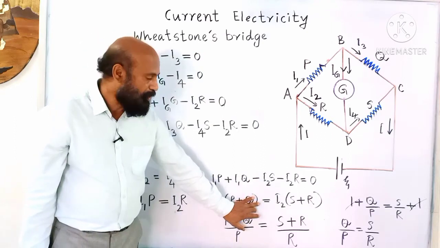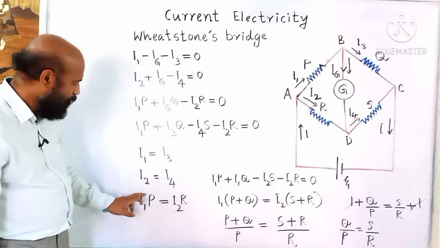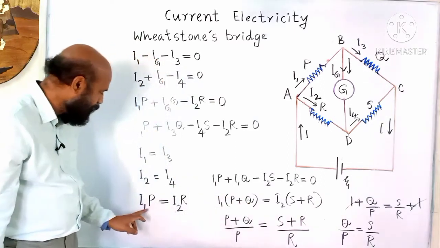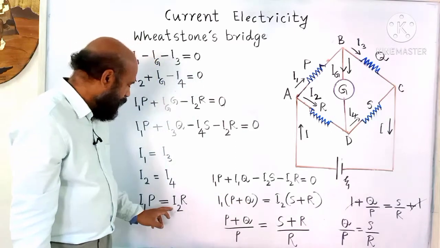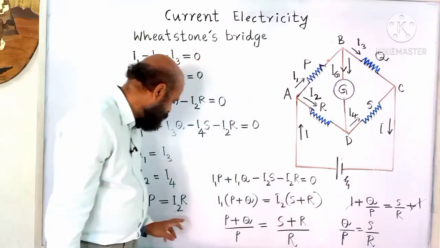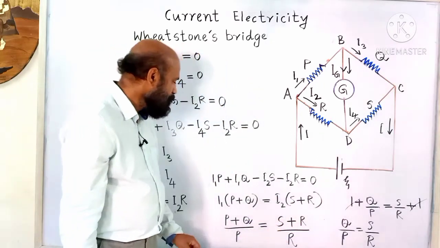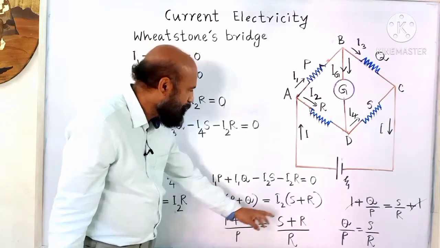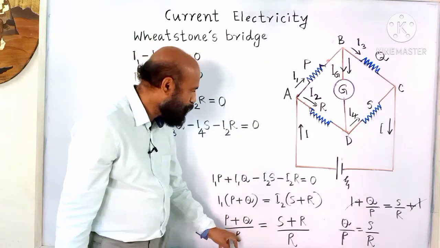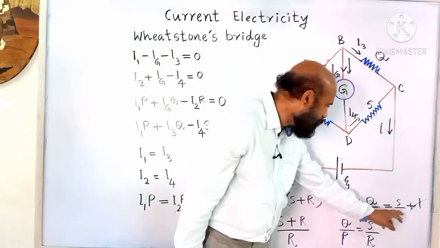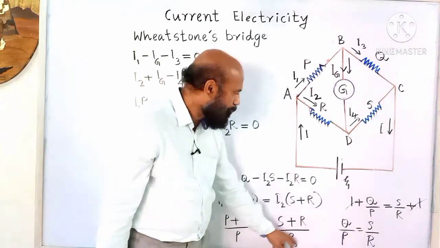Now divide this expression by this expression. I1 will get cancelled, so P plus Q divided by P. I2 will get cancelled, so S plus R by R. Now P by P is 1 plus Q by P is equal to S by R plus R by R is 1.